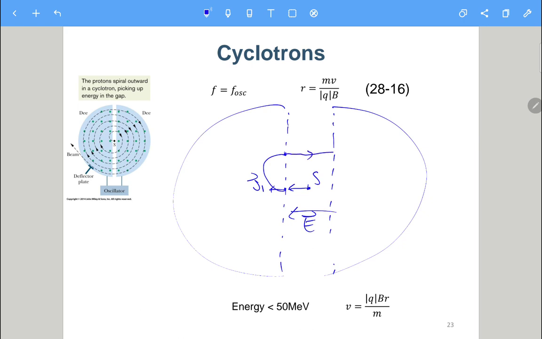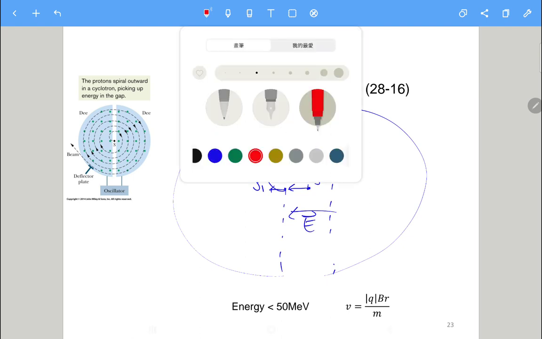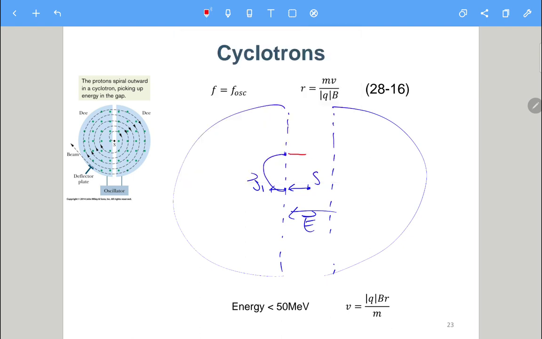And at this time, like this direction. In this case, we will alternate the direction of the E field to the right side. In that case, the charged particle will keep on accelerating in this region.